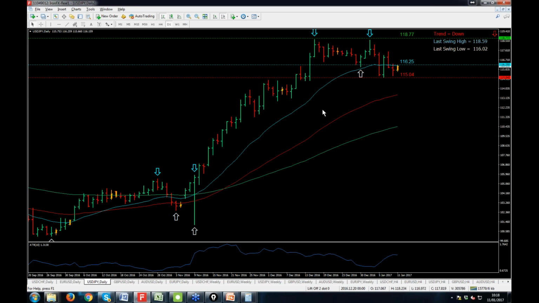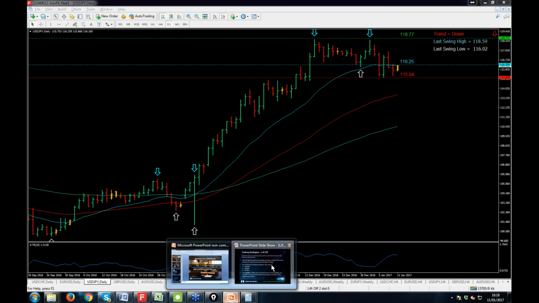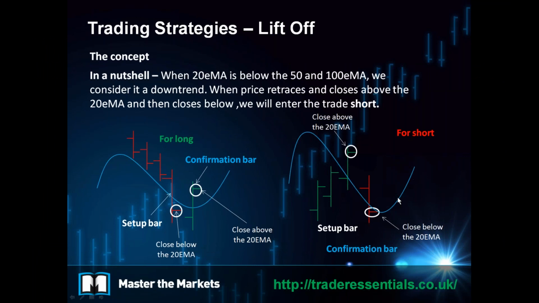We've also backed it with a smart money indicator, but that's really only relevant to Liftoff 2.0, which I'll discuss shortly. So here's what we're looking for: the 20 moving average to be above both the 50 and the 100 period moving average.